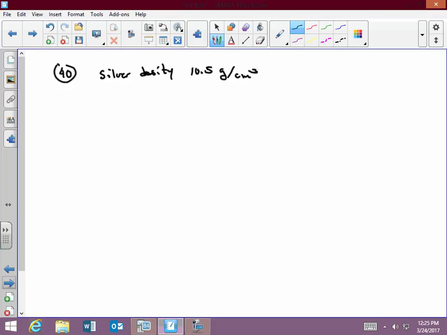So if the mass that you have, in grams, and you divide it by the 10.5 grams per centimeter cubed, you invert everything, so then what you would have is 149 over 10.5, and this is grams, and then this is grams, but in the numerator you have centimeters cubed, right?